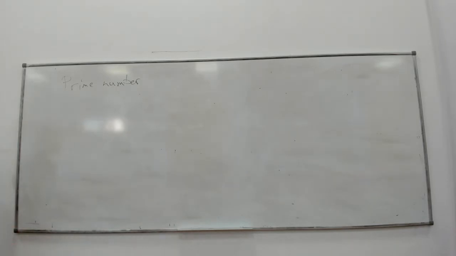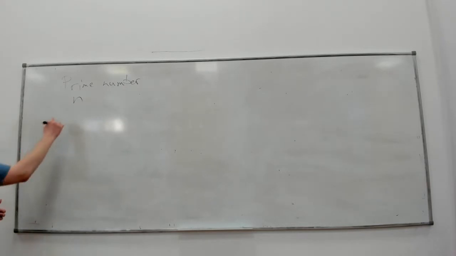So the question: how do we check that a number is prime? Any ideas? We are given a number n, and you have to check that n is a prime number. It seems like you want to check that it isn't divisible by any other number before n, right?